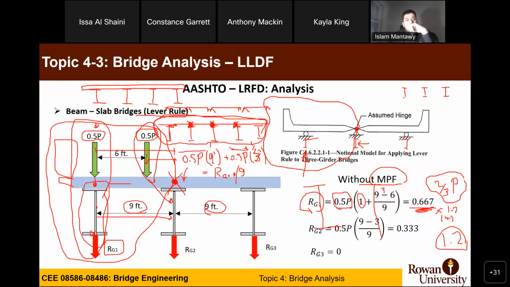On top of the interior girders. Always on top of the girders. So it doesn't matter where they are or how many they are. On top of the girder, just place the hinge. So in another way, it's actually a series of small, simply supported beams, right?